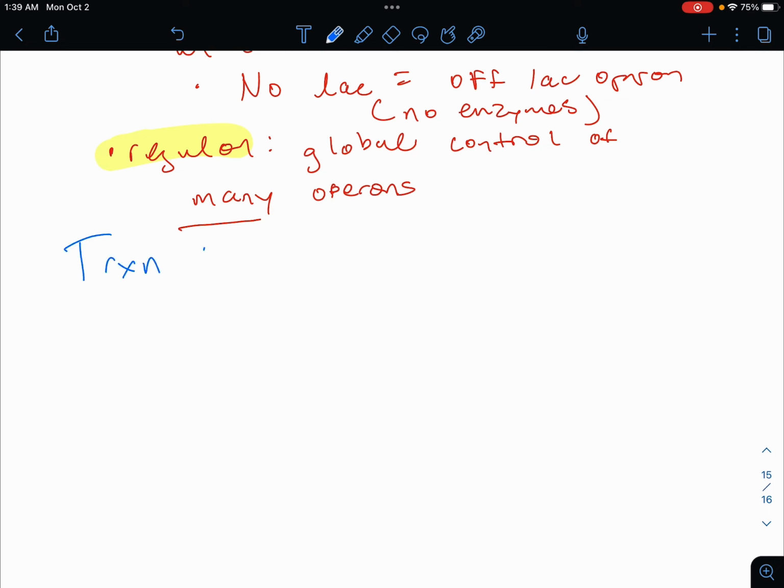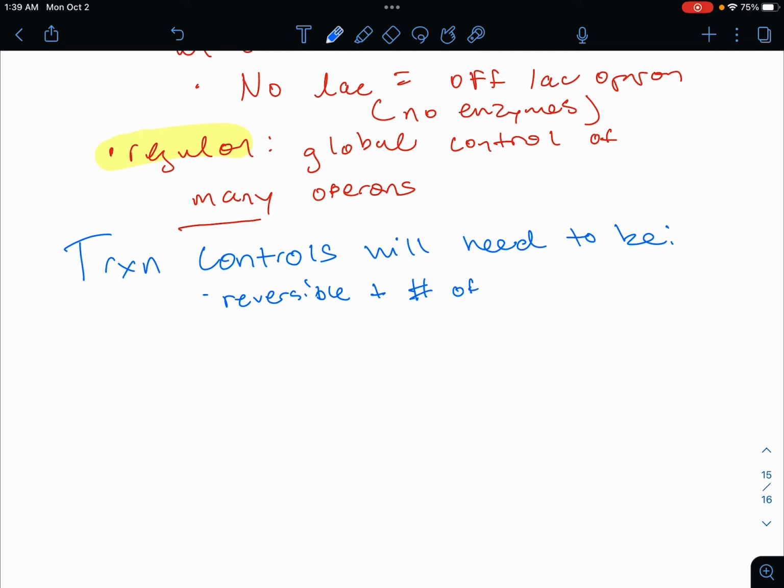Transcription controls will need to be several things in order to be purposeful. They need to be reversible, as well as it needs to control the number of transcripts. Those are the 2 points that a control needs. So we have an alternate sigma factor.